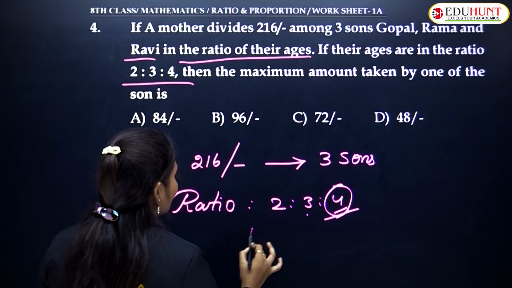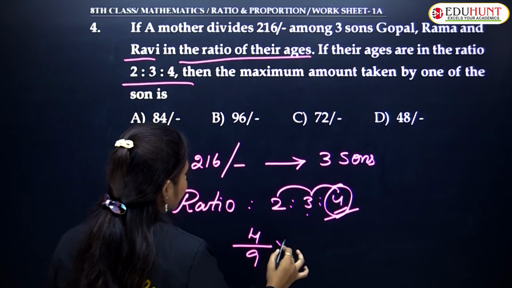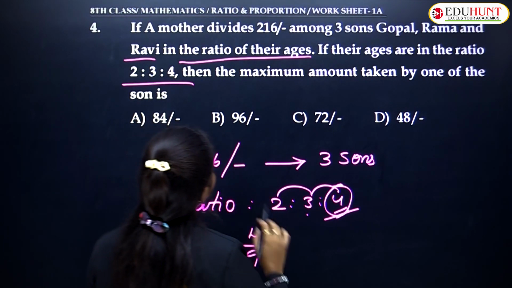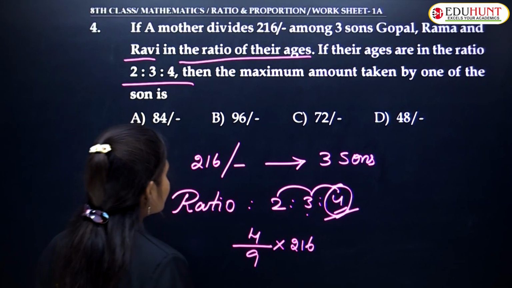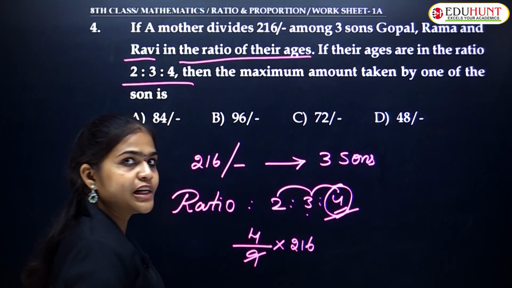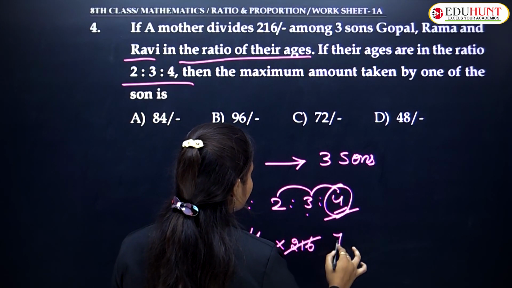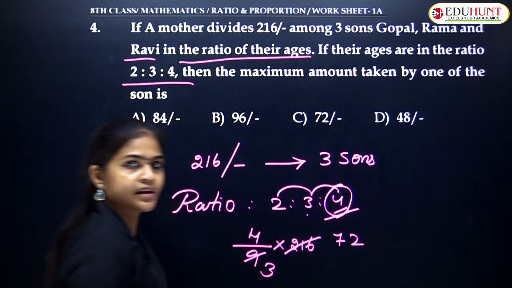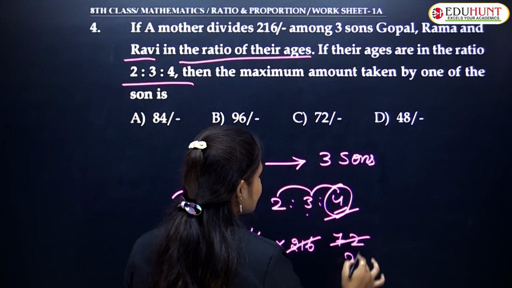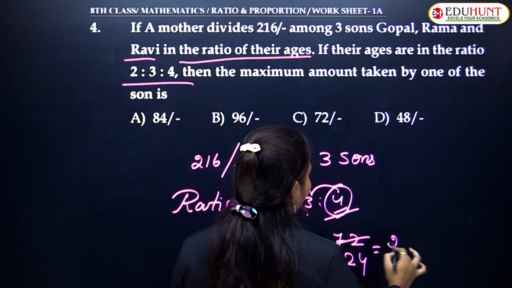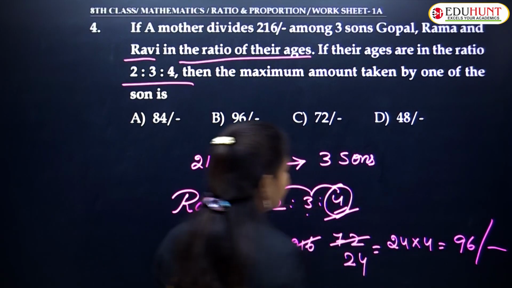See here, 4 parts out of 9 into 216. Cancelling by 3: 3 threes are 9, 3 sevens are 21, 3 twos are 6. Again cancelling by 3: 3 ones, 3 twos are 6, 3 fours are 12. So 24 into 4 equals 96 rupees.